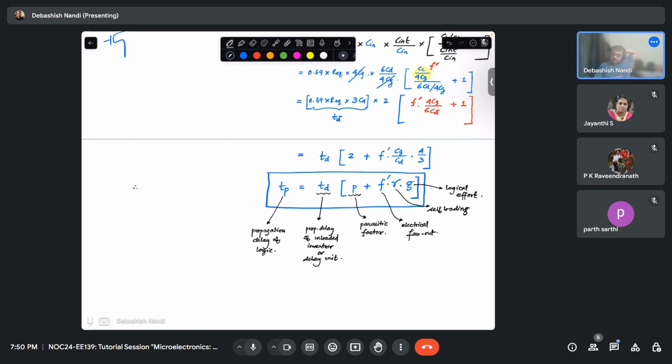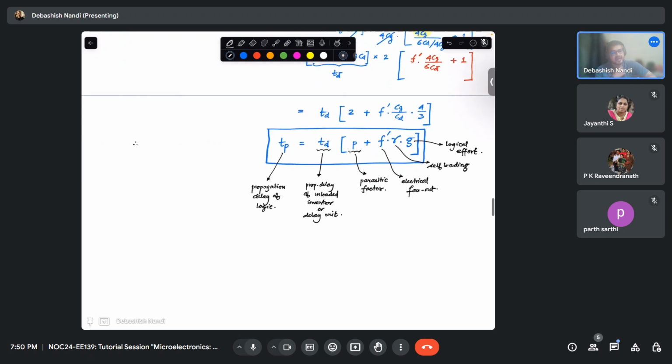So this is the final delay formula of any gate for that matter. In our case, P is 2, G is 4 by 3 for a 2 input NAND gate. Remember that.